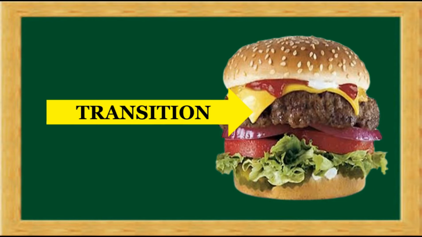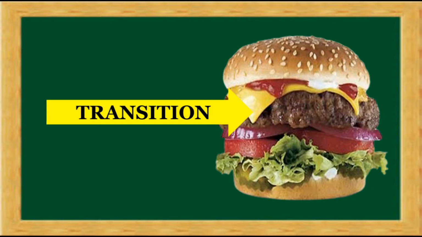The transition adds a unique flavor to the paragraph and makes it easier to move from one paragraph to the next. You might also include transition words and phrases in other parts of the paragraph, just like you might put cheese or barbecue sauce in other parts of the burger. Just another way to add some flavor.